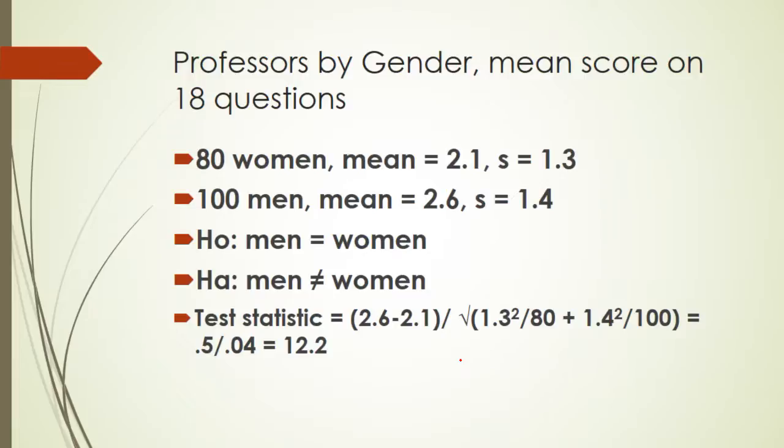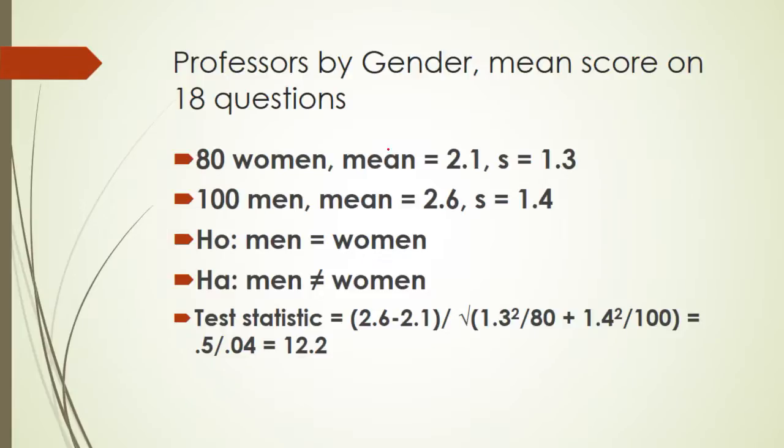And they're 2.6 and 2.1, which means that in general, everybody's not very happy. But it would appear from these data that the men are happier than the women. The women are less satisfied with their work and their career at UNLV than the male faculty are. So our null hypothesis would be that the male and female faculty at UNLV are equally happy, and our alternative would be that they're not equally happy.